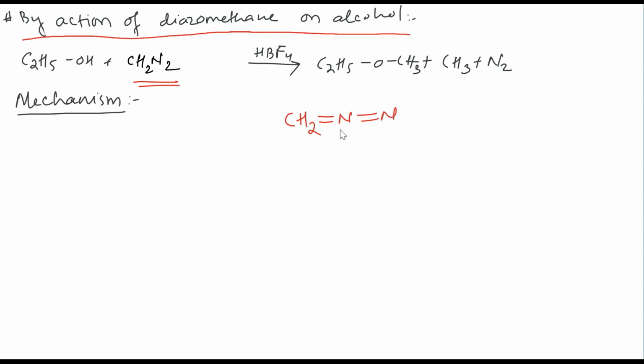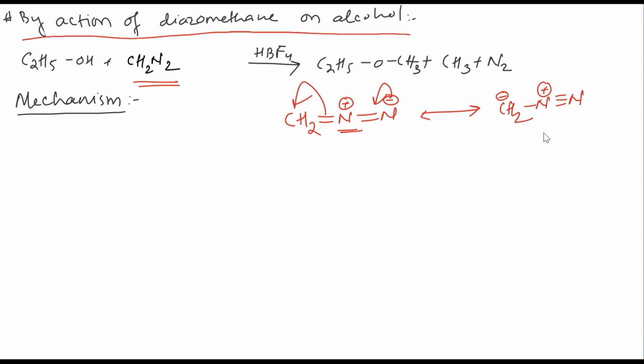This nitrogen forms 4 bonds, so it will be N+. This forms 2 bonds, this will be N-. In the first step, the negative charge will transfer here, and this will transfer here. So there will be formation of CH2- single bond N+ triple bond N.